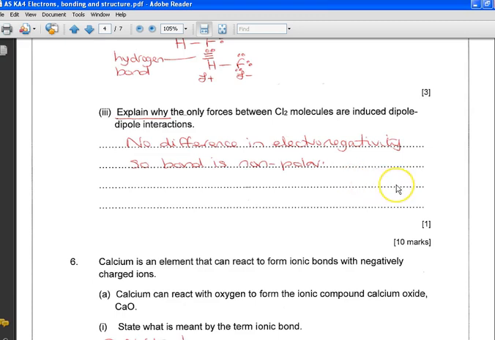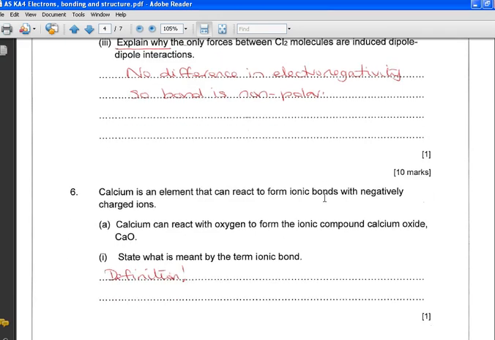And a number of you didn't seem to recognize that the reason chlorine molecules only have London forces, or induced dipole, is because there is no difference in electronegativity, so we don't have a polar bond. Electronegativity is the concept that is most important when we're talking about intermolecular forces. So focus on electronegativity whenever intermolecular forces come up.